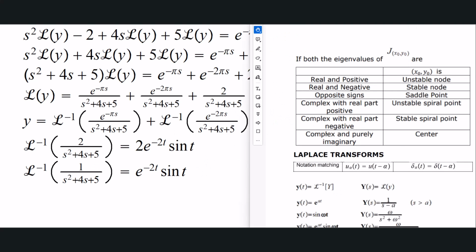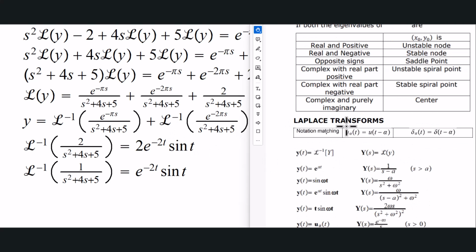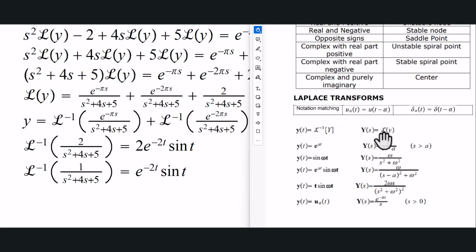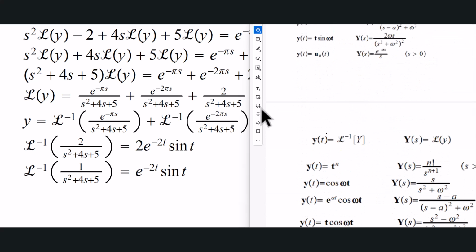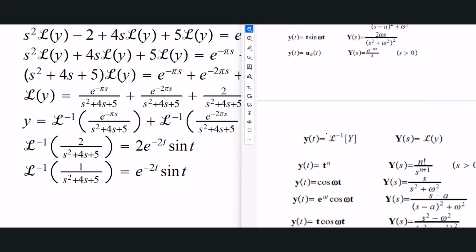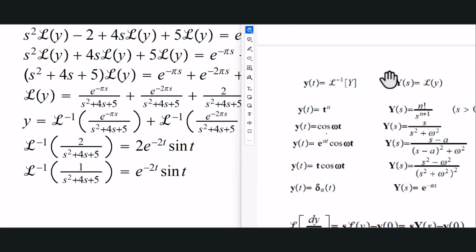Let's bring the list of our formulae up here. Now, if we look at the transforms that we have, we don't have this appearing anywhere so far. Let's just keep going. Bring it to the left a little. We still don't get that format yet.